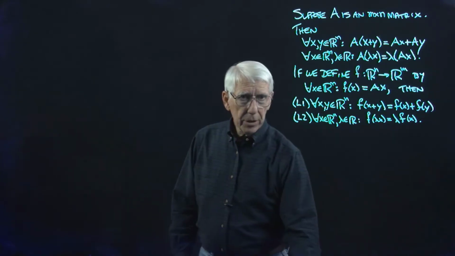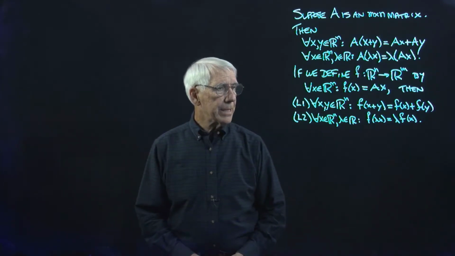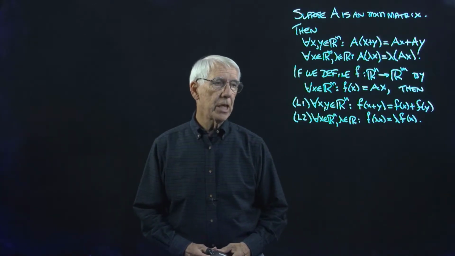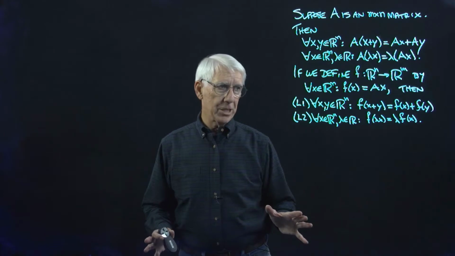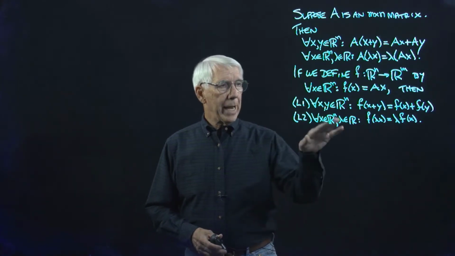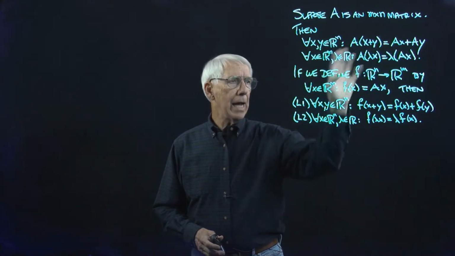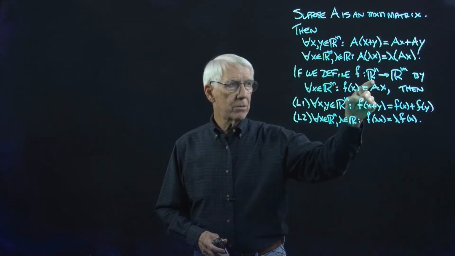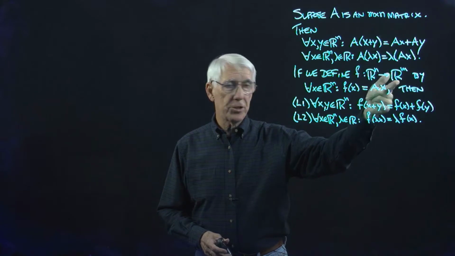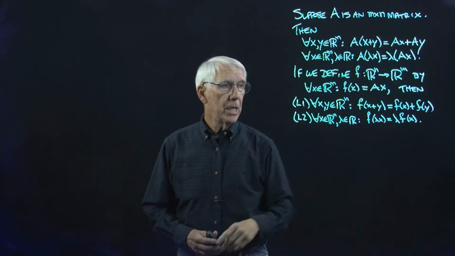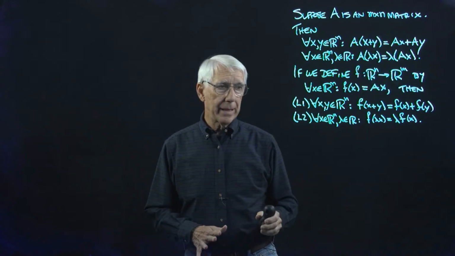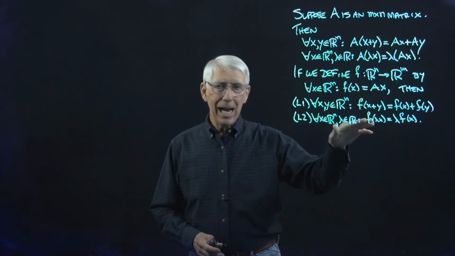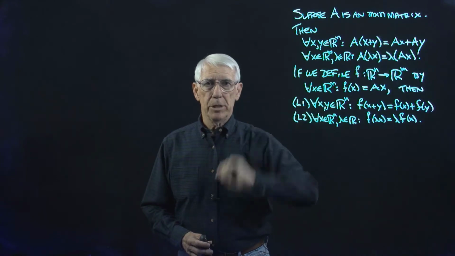Now, it turns out that there are lots of situations in vector spaces where we have functions defined on a vector space and mapping into perhaps just the reals or to another vector space. There are a lot of situations like that where the functions that we encounter have these properties.